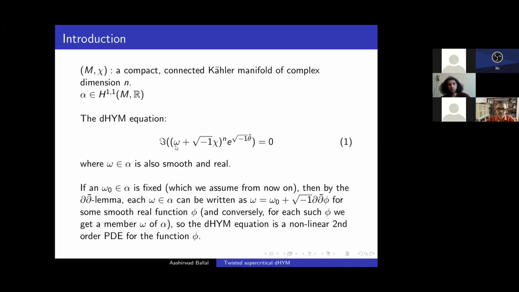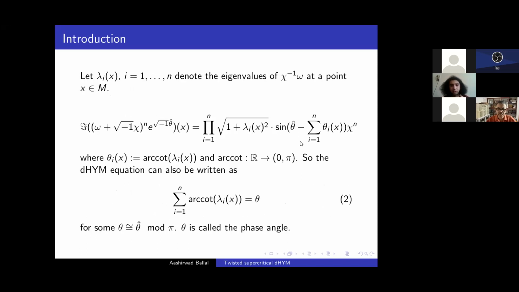To see what this equation actually looks like, we can choose coordinates at a point such that the Kähler form chi is the identity form, and omega is diagonal with eigenvalues lambda i of x.